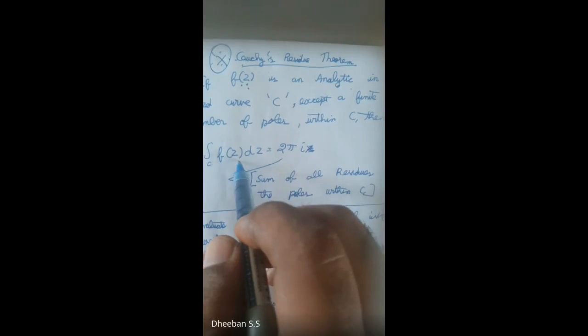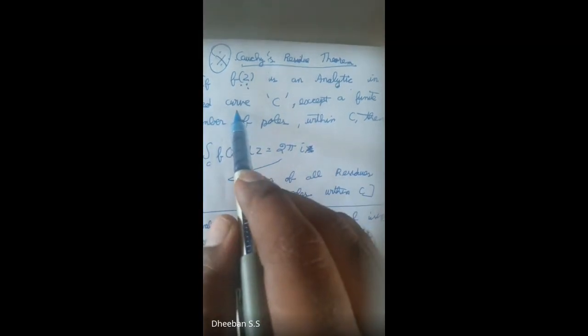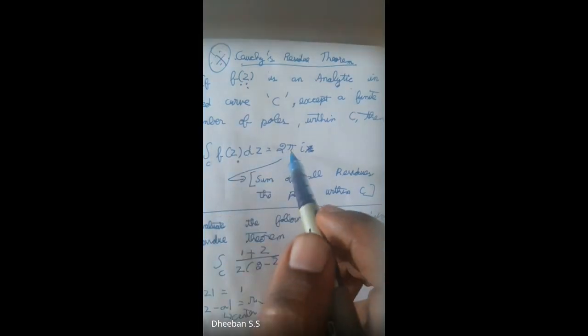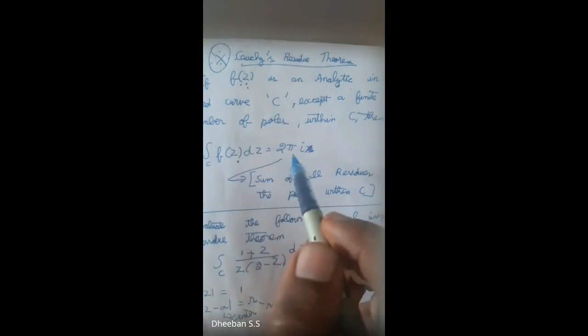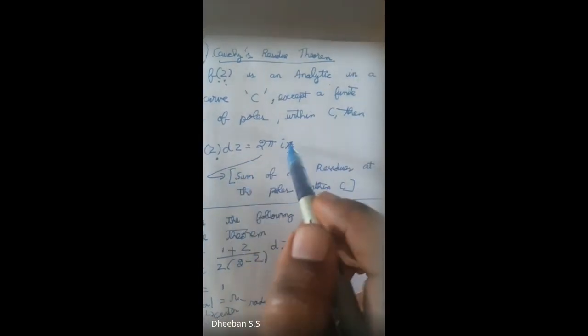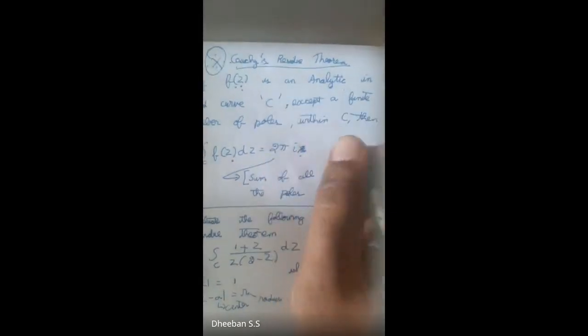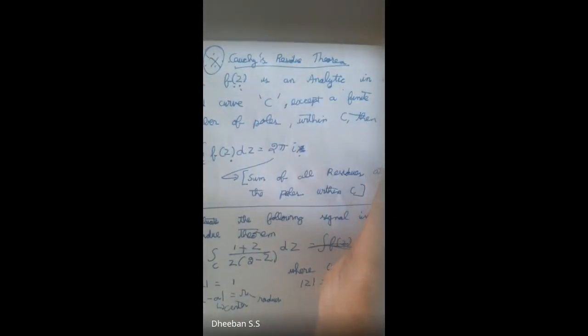Your function within your closed curve will be given by 2 pi into i into the sum of all residues at poles within C. So first you have to know what analytic means.